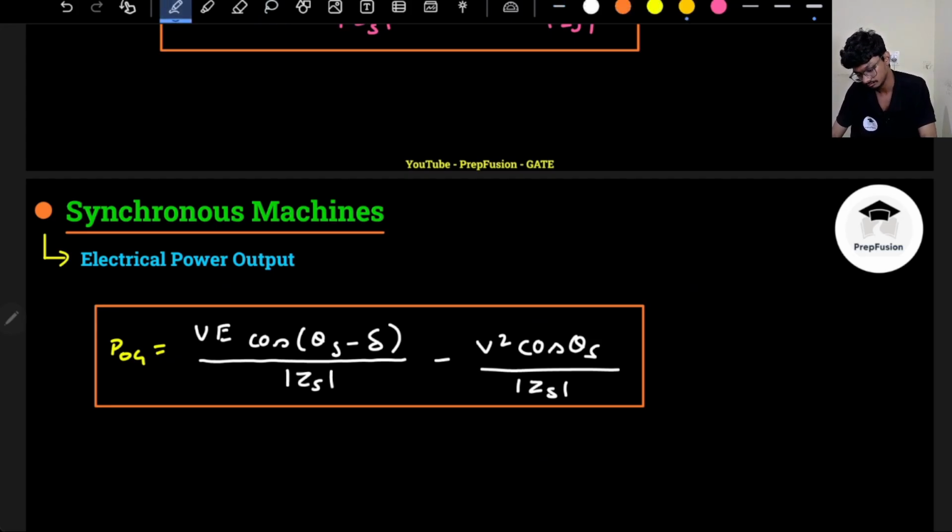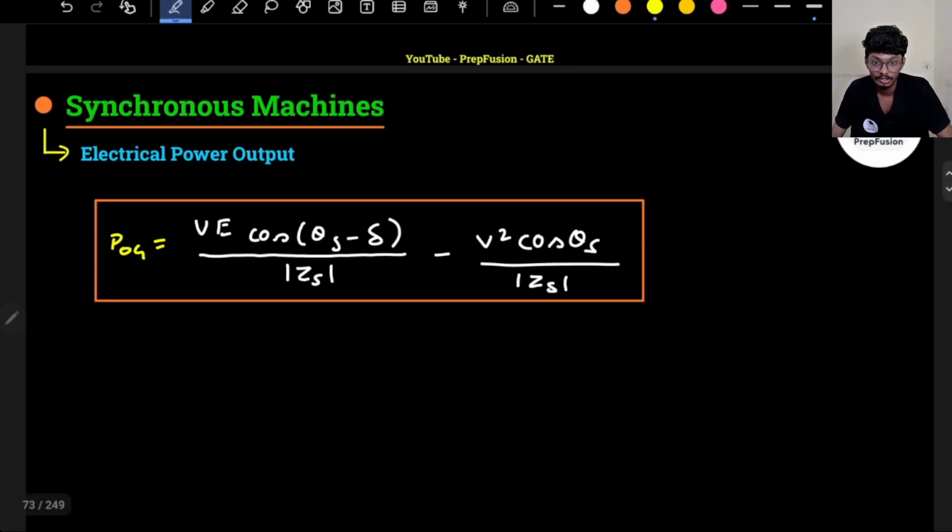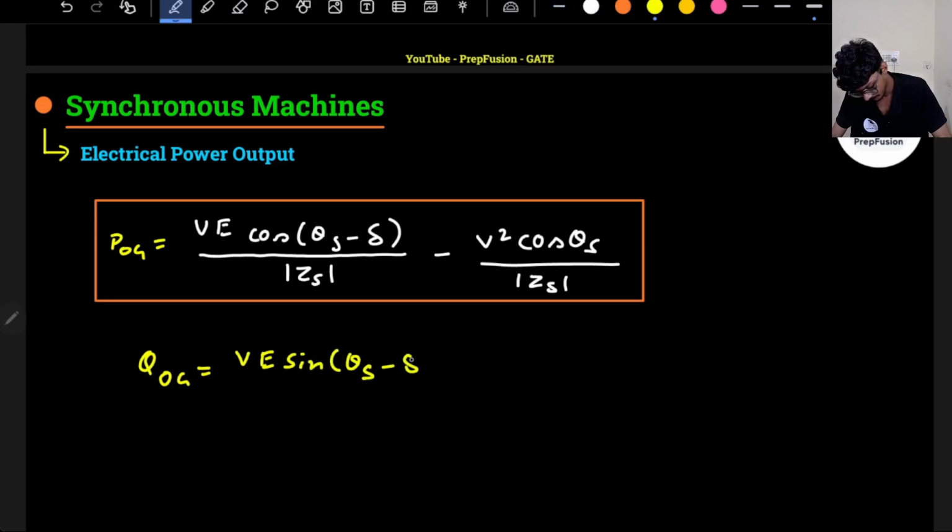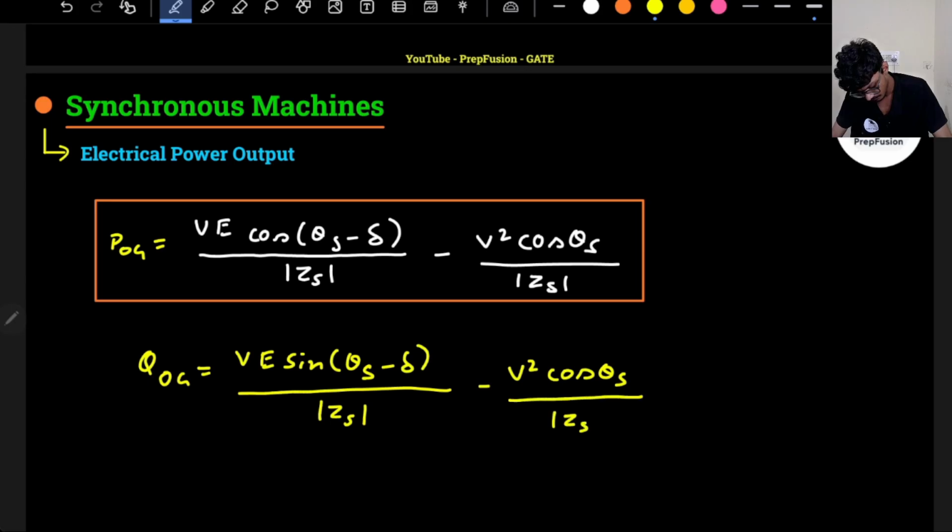Okay. Now what about the reactive power? Reactive power QOG will be equal to this same thing, just here sine will be there. This will be sine of angle theta s minus delta divided by magnitude of Zs minus V square sine theta s divided by magnitude of Zs.